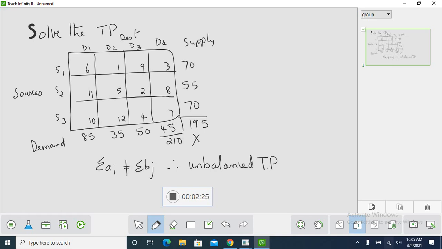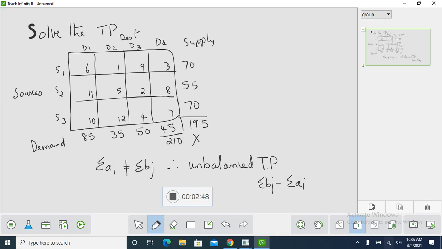So the first step here is we convert this into a balanced transportation problem. How do we do that? Look at it. Our sigma Bj is less than sigma Ai, so sigma Bj minus sigma Ai will be negative.